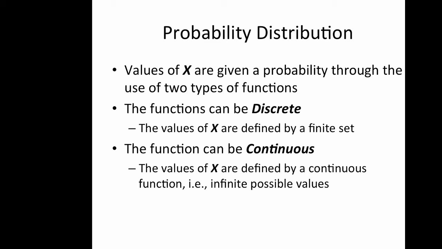We can take a subset of that infinite set and we'll still have an infinite number of values because we can take on, let's say, 1.1, 1.11, 1.11111, and so on. So we can have an infinite number of possible values, albeit within a specified range if we so desire. But for continuous, the function that describes the probabilities is continuous.